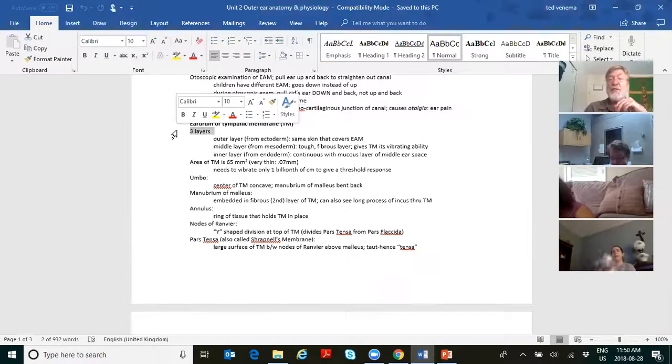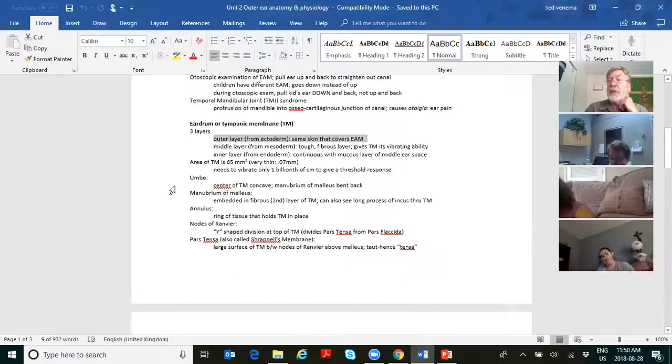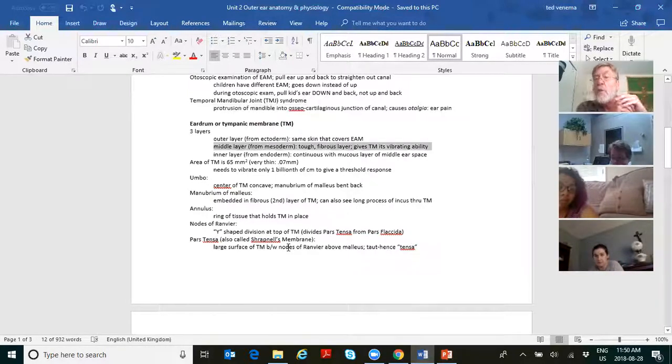It's interesting. The outer layer comes from what's called ectoderm, the same skin that covers your ear canal. The middle layer of your eardrum comes originally from something called mesoderm. Now, mesoderm is a tough, fibrous middle layer. It gives your tympanic membrane its vibrating ability.